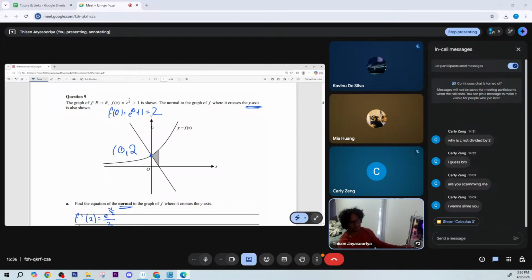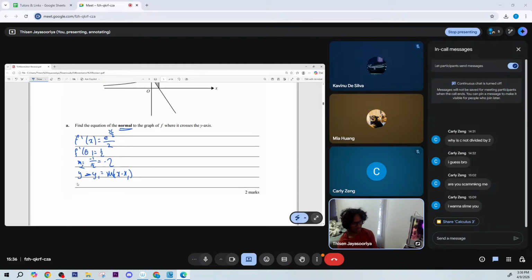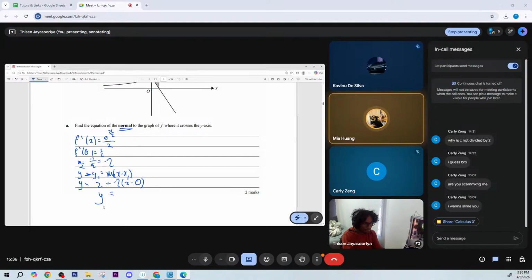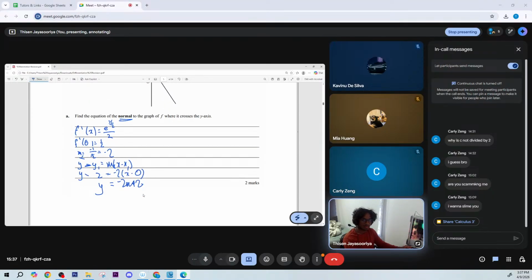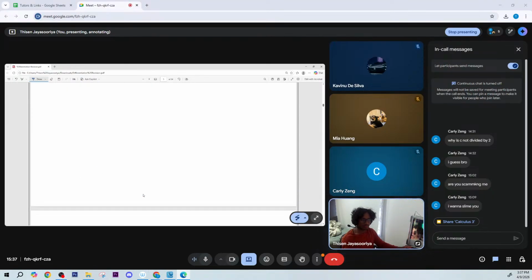So we get here, y take 2 equals negative 2 times x take away 0, which is just y equals minus 2x plus 2. Yep. Does that make sense for everyone?